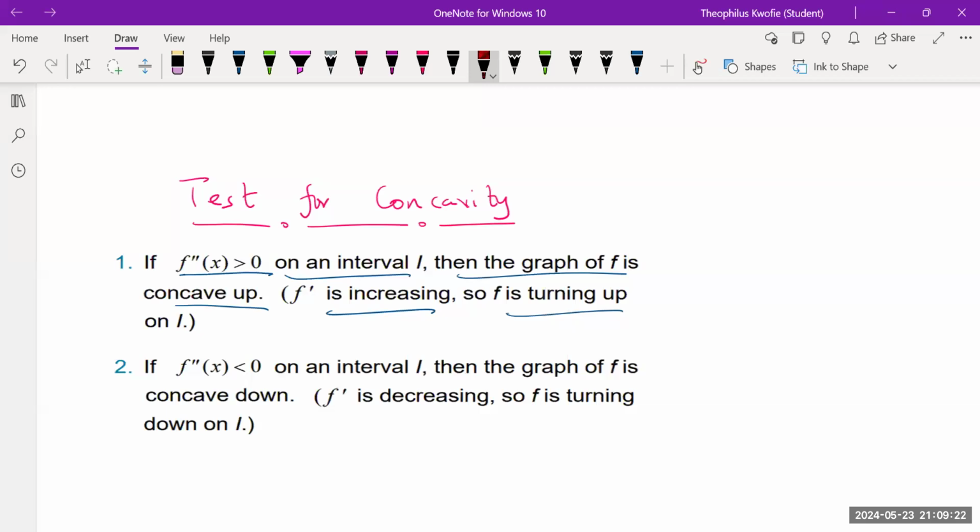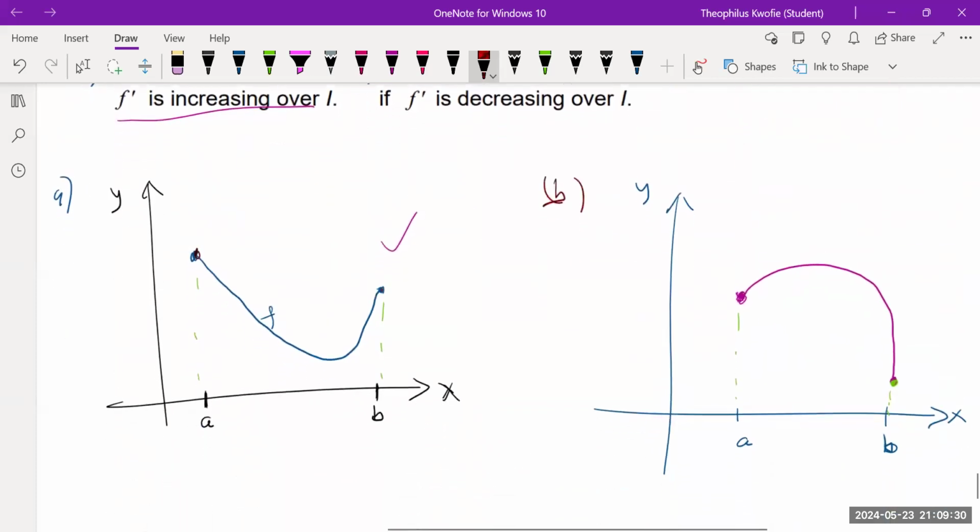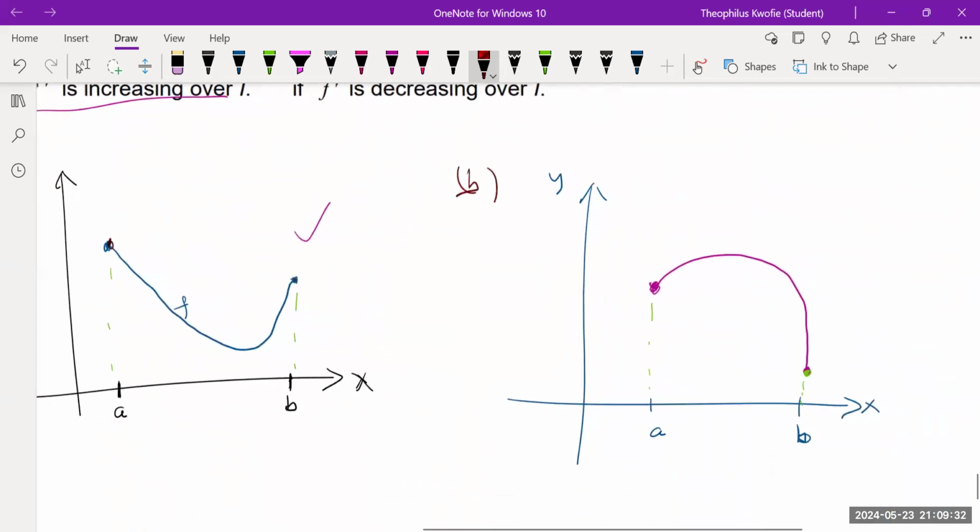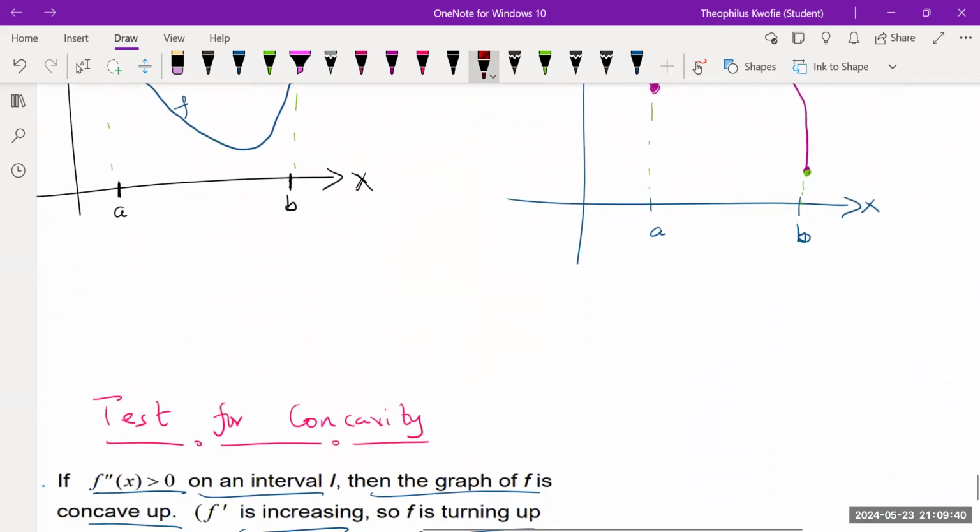So it turns out that f is turning down on that particular interval AB, okay? So a typical graph to illustrate that would be this particular one. Is that okay? Good. So let's take note of that.